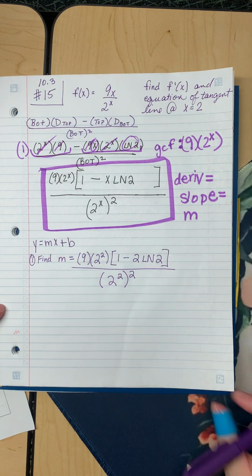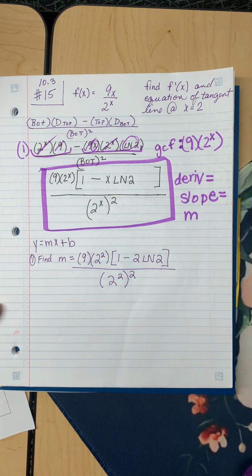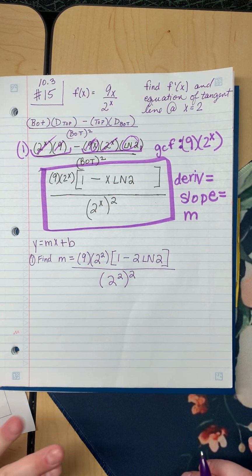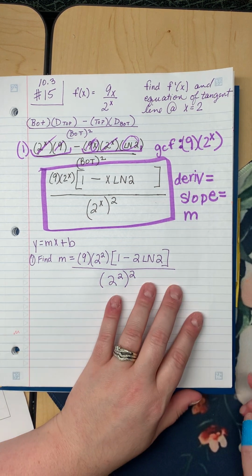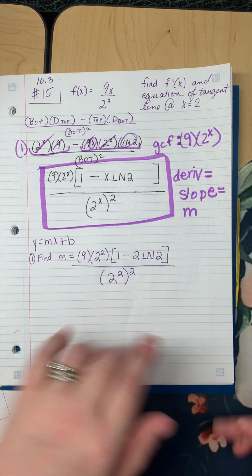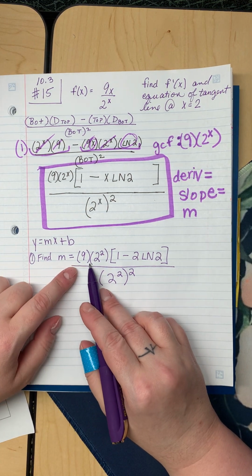And then I'm just going to go super slow. We're not really going to mess with this ln stuff. Instead, let's mess with what's at the front up here.